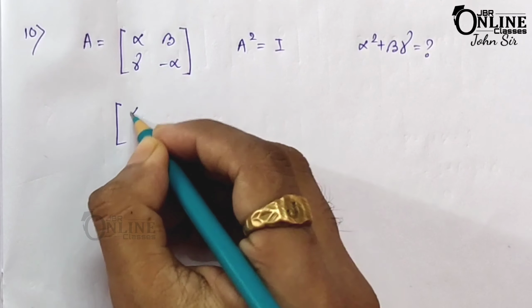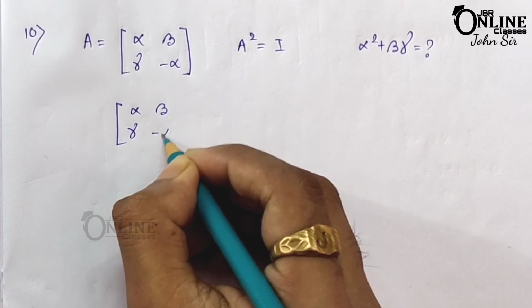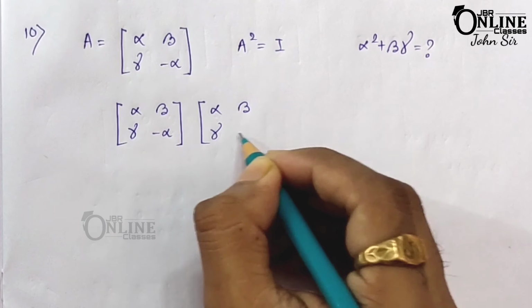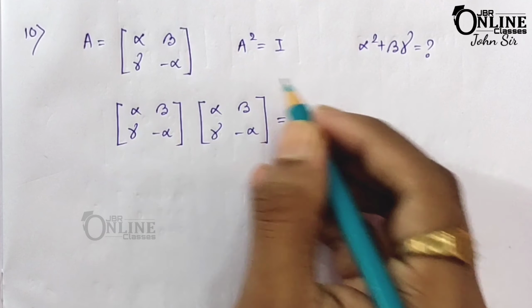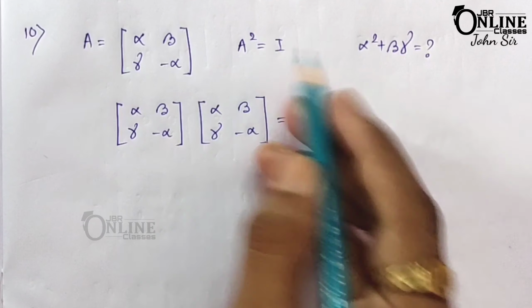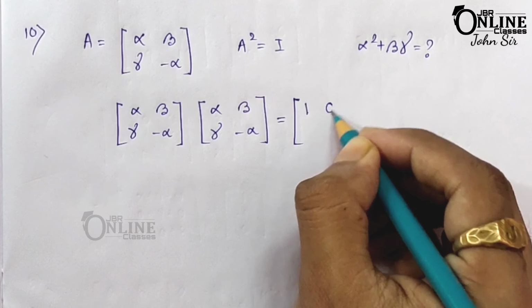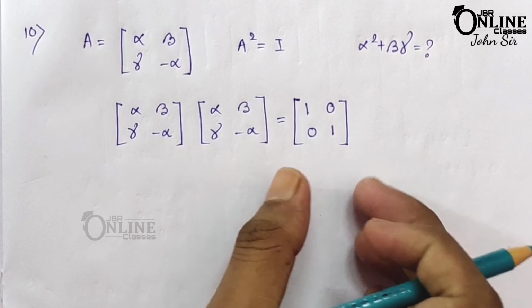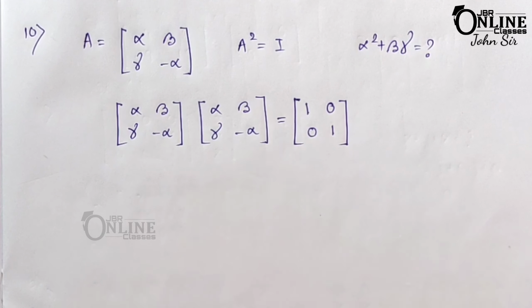So first you write down alpha beta, gamma minus alpha, again multiply alpha beta, gamma minus alpha, and that equals A square. A square means identity matrix, so that equals 1 0 0 1. So this is called the identity matrix.